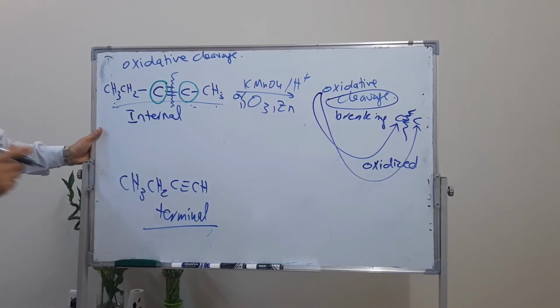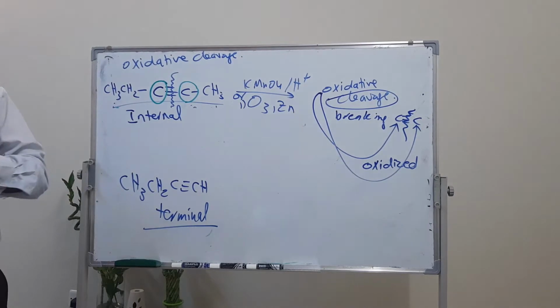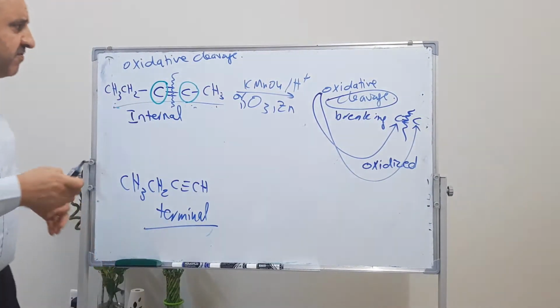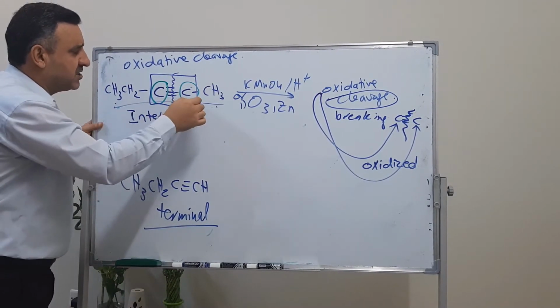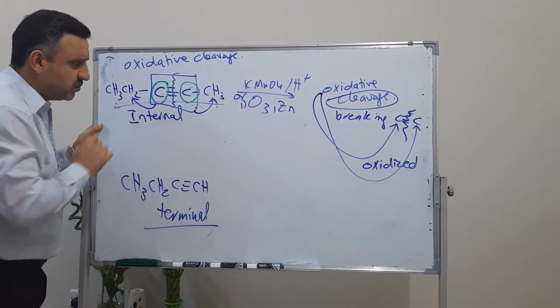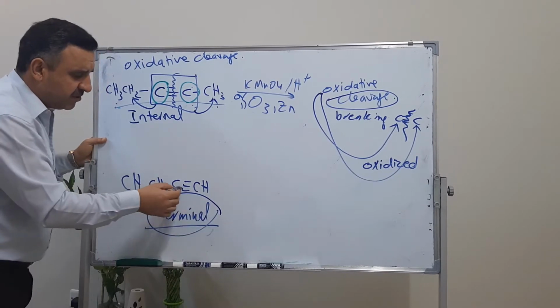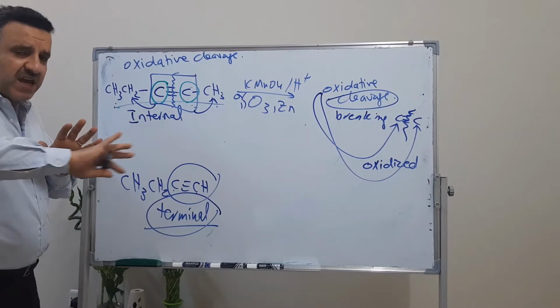Perfect. Internal means the carbon-carbon triple bond is just in between carbons. In other words, the carbon triple bond carbon system is connected to another carbon from both sides. In this case we call it internal. The terminal, if the carbon triple bond carbon system lies at the end of the chain.